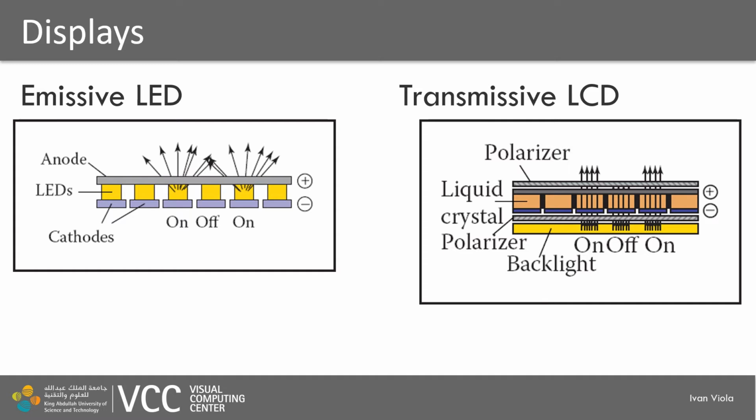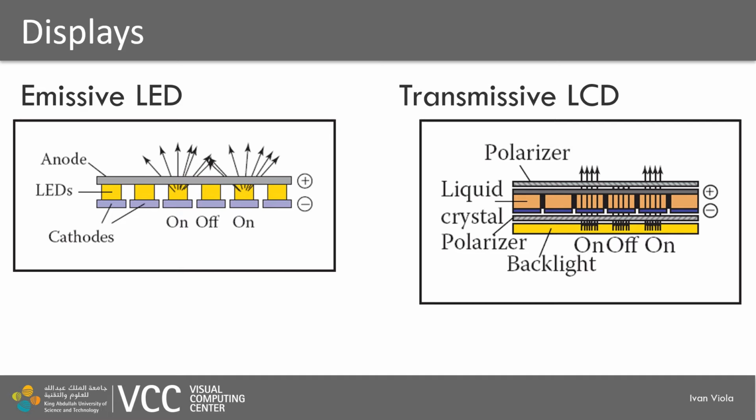What is the basic hardware which is used for representing raster images? There are various types of displays. Nowadays, we are mostly using emissive LED displays.